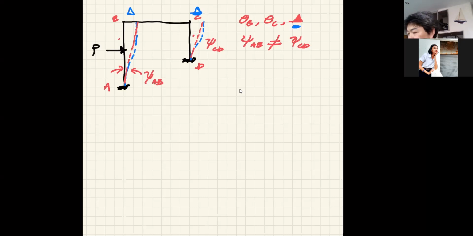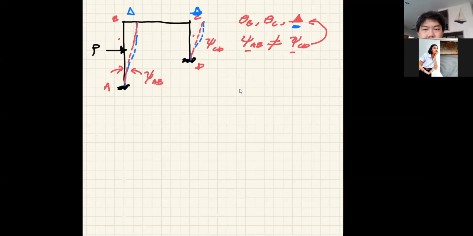And because psi AB is not equal to psi CD, if you don't convert your psi term into the delta, you will have two unknowns. But because we use slope deflection and we say the axial deformation is negligible, we can reduce the unknowns down to 3. By converting the psi into delta, you now have 3 to handle.